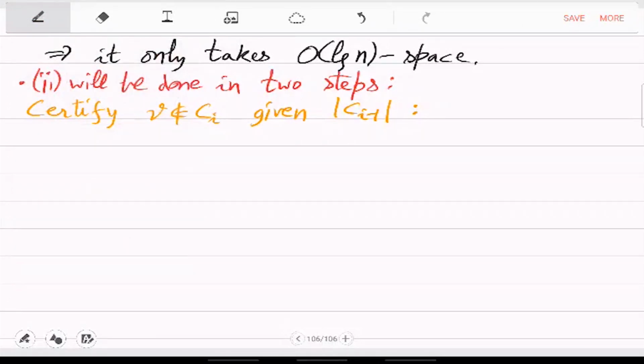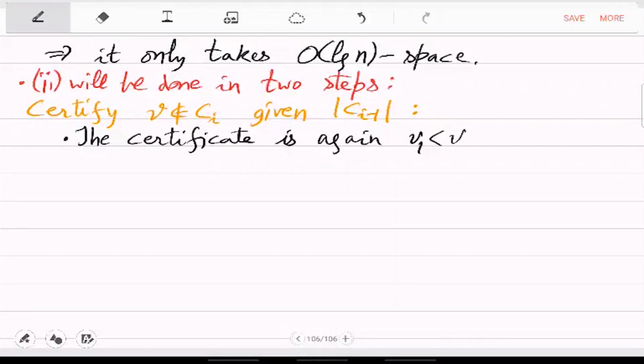After this we will show how 2 will be done. So let's do that. This will actually not be very different. Here you are given Ci minus 1 size, not Ci, but that is just moving to a neighbor. So the certificate will be similar. Again the certificate is a list V1 less than V2, and so on, up to V of Ci minus 1.